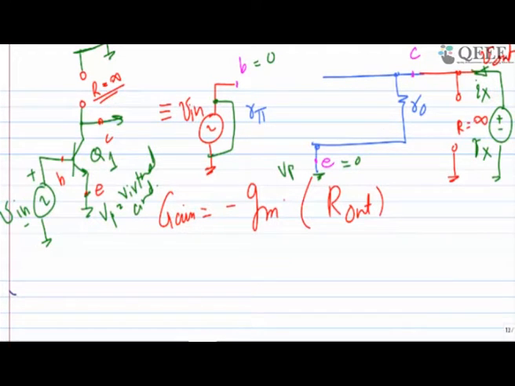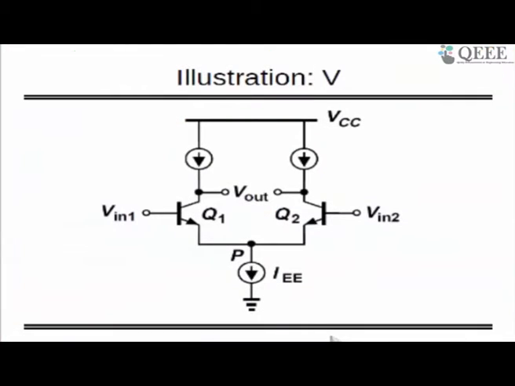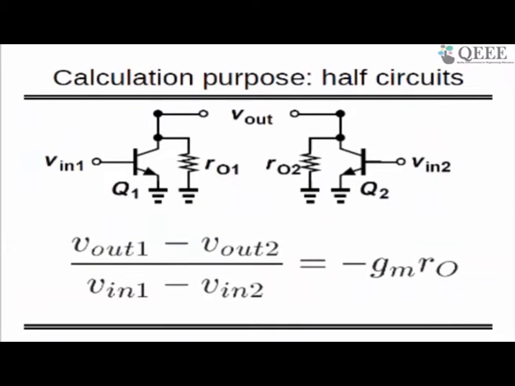At the end, you are going to see only one resistance, which is R0. So the gain will be minus GM times R0. That's it, nothing else, if it is in the presence of the early effect voltage. And this is what I have drawn here.